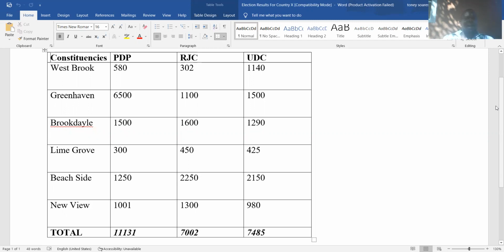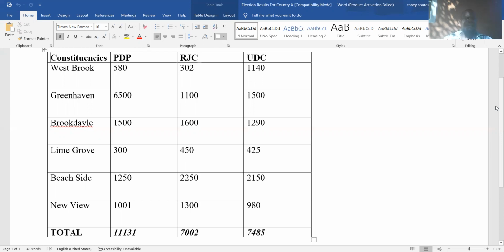The candidate for RJC got 302 votes. The candidate for UDC got 1,140 votes. So which candidate won that constituency? Very good. The candidate from UDC actually won the constituency of Westbrook.